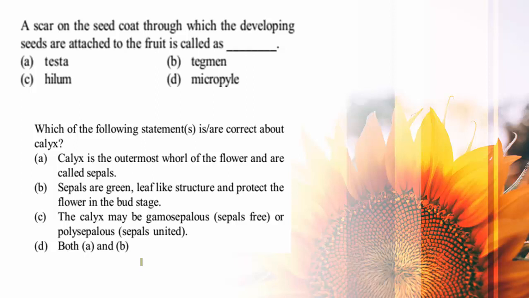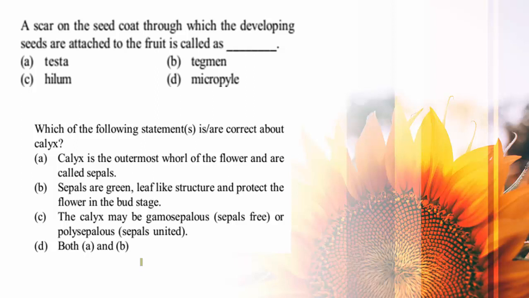A scar on the seed coat through which the developing seeds are attached to the fruit is called as testa, tegmen, micropyle, hilum. Testa and tegmen are the seed coats which are formed by the integuments once the ovule gets converted into seed as a result of fertilization.